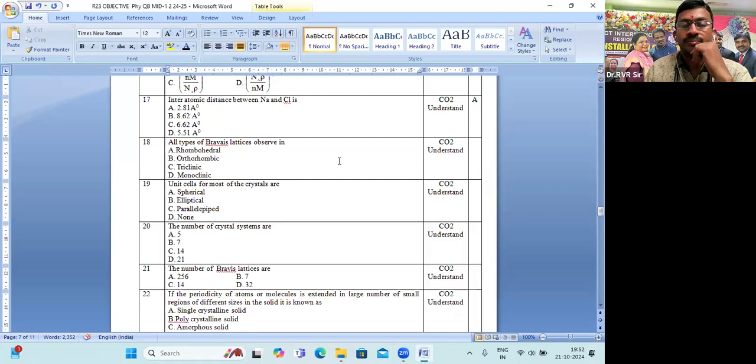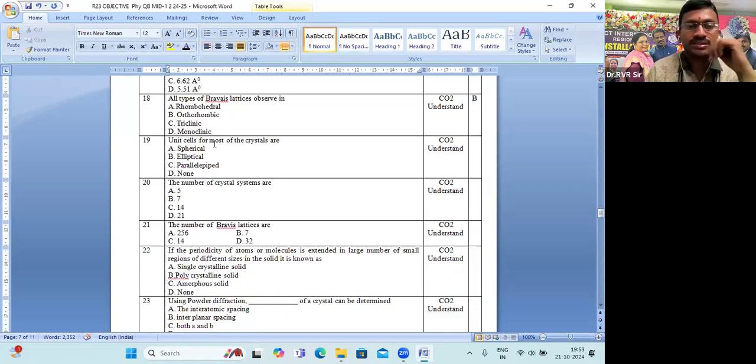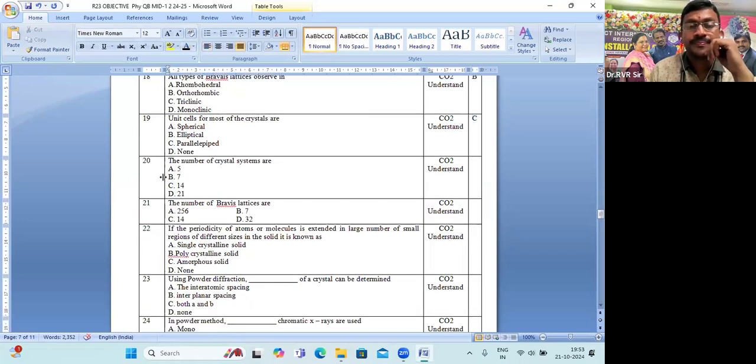All types of Bravais lattice observes in, look at the answer. Option B, orthorhombic. Unit cells for most of the crystals are, normally unit cells will be, just observe option C, parallelepiped.